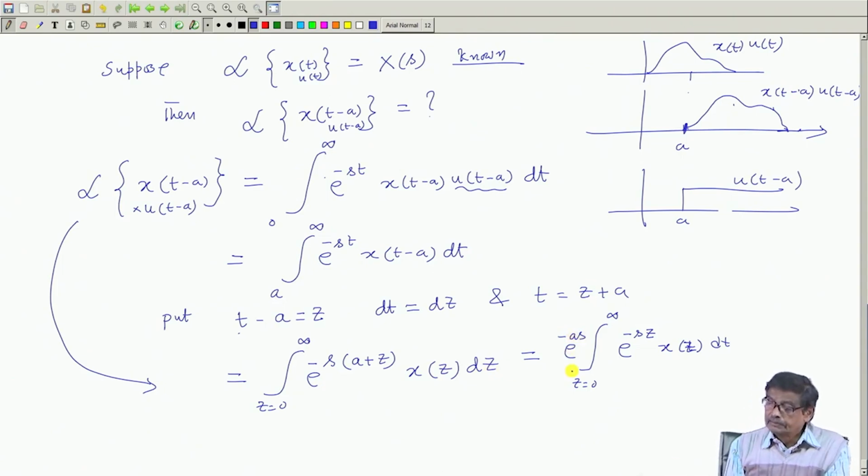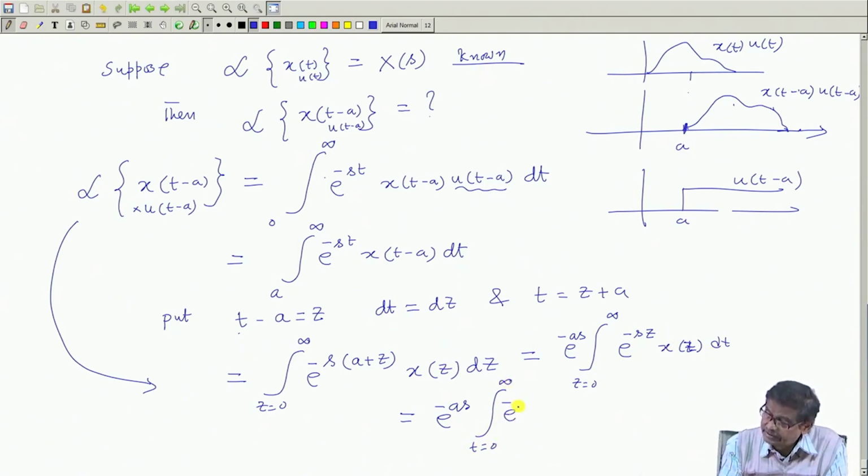Now, z is a dummy variable here, it can be changed once again to t. How does it matter? The integration value will not change. So, x(t) dt. Got the point? So, this is equal to e to the power minus as into X(s).